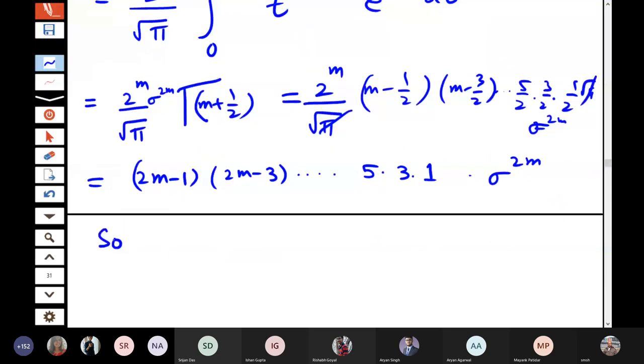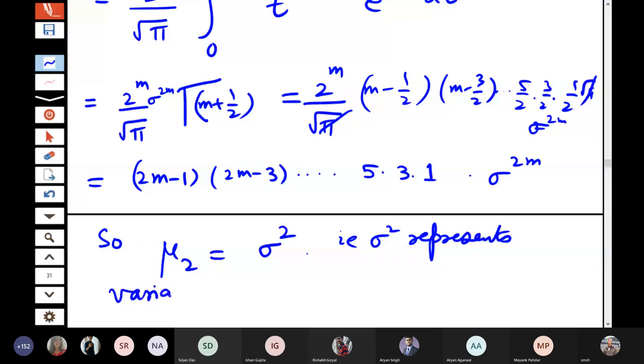So if I consider mu 2, that is simply sigma square. That is, sigma square represents the variance of the normal distribution. Let us look at the fourth central moment here.